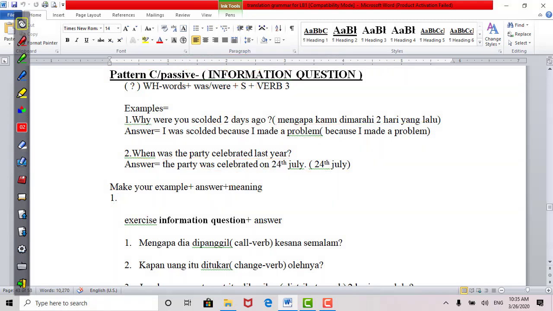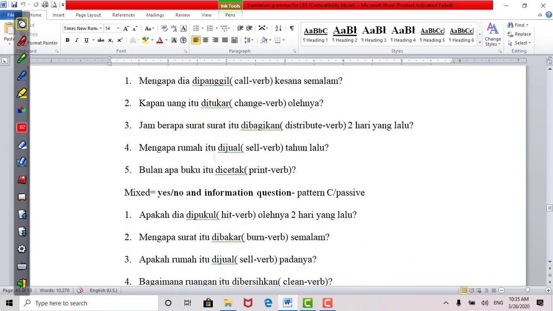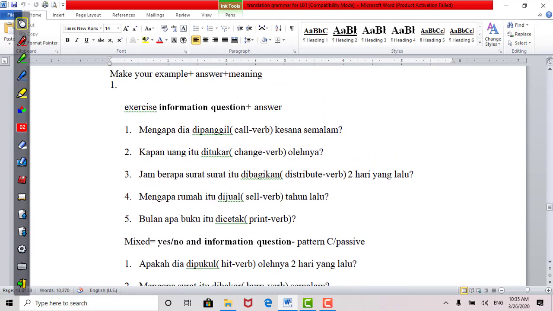This. Yes. Here. Exercise information. Mengapa? You know mengapa is what? For number one, mengapa? Why? You put was or were first.